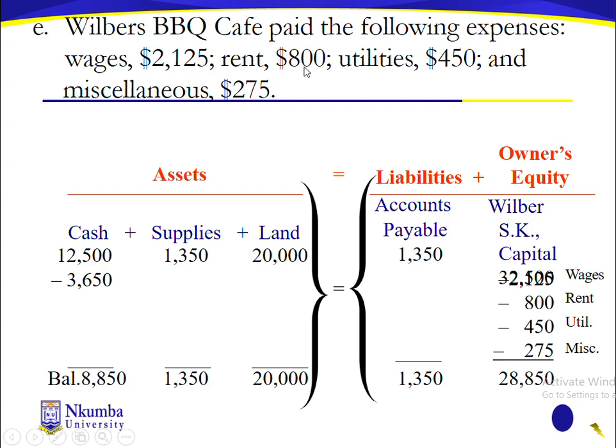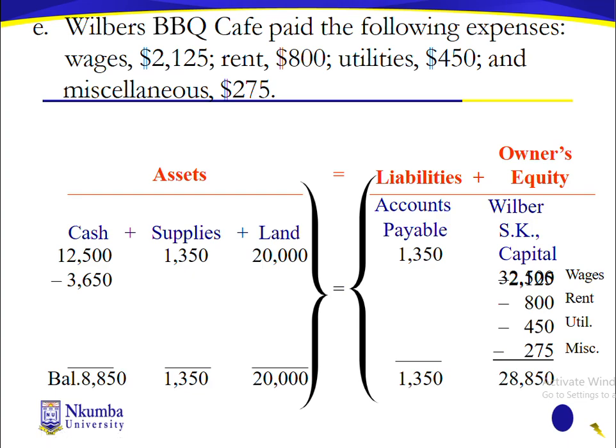Rent is $800. Utilities is $450 US. And the miscellaneous account is $275 US. So we realize that all these are expenses. And what do expenses do?